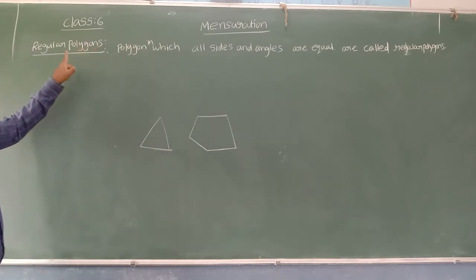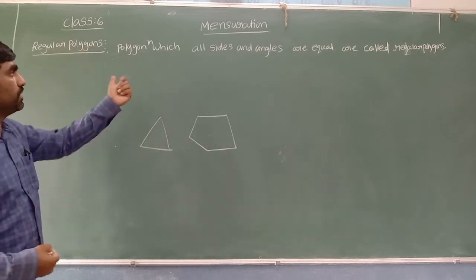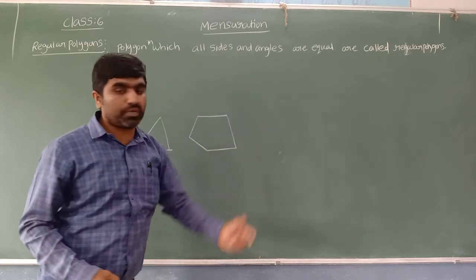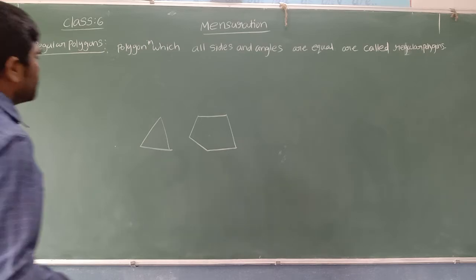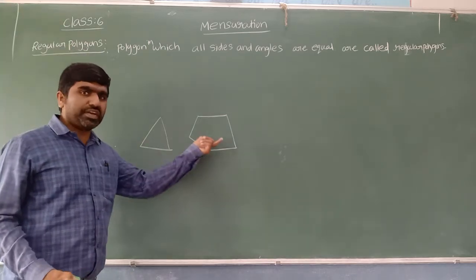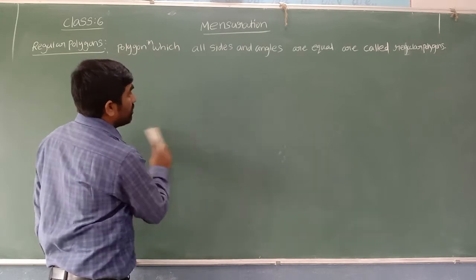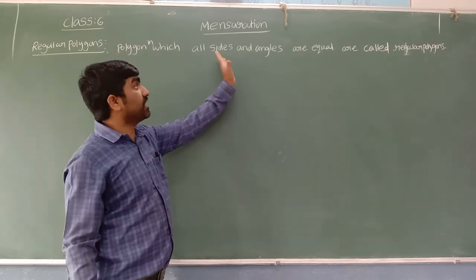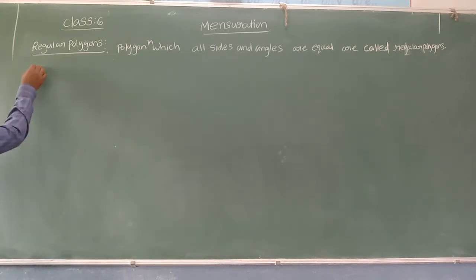When are polygons called regular? What is meant by regular polygon? A polygon in which all sides and angles are equal is called a regular polygon. Polygons may be bounded by 3 sides, 5 sides, or 10 sides also. But those polygons in which all the sides are equal and all the angles are equal are called regular polygons.